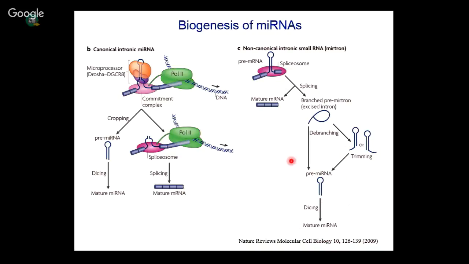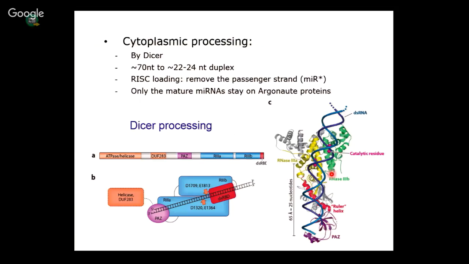This non-canonical intronic small RNA we call mirtron, whose biogenesis of microRNA bypasses the microprocessor.